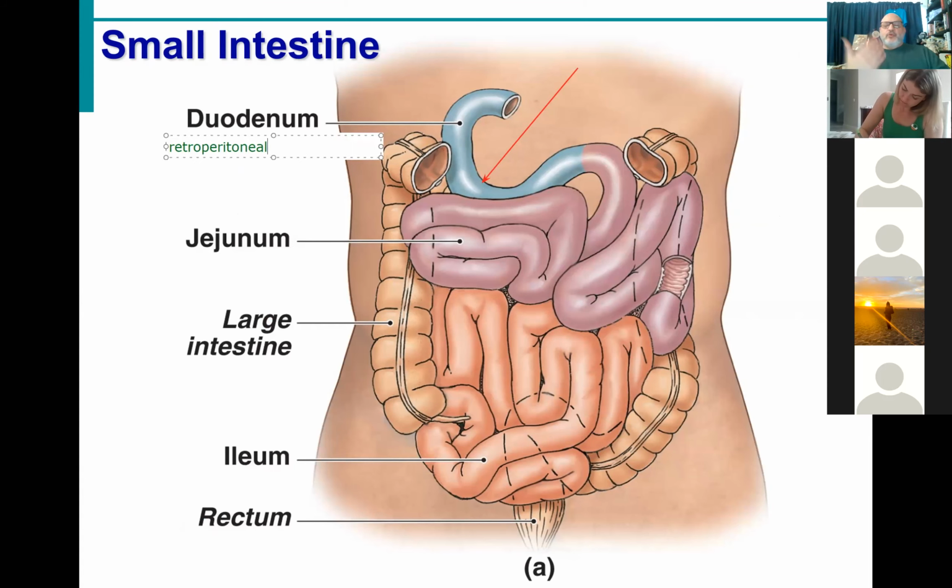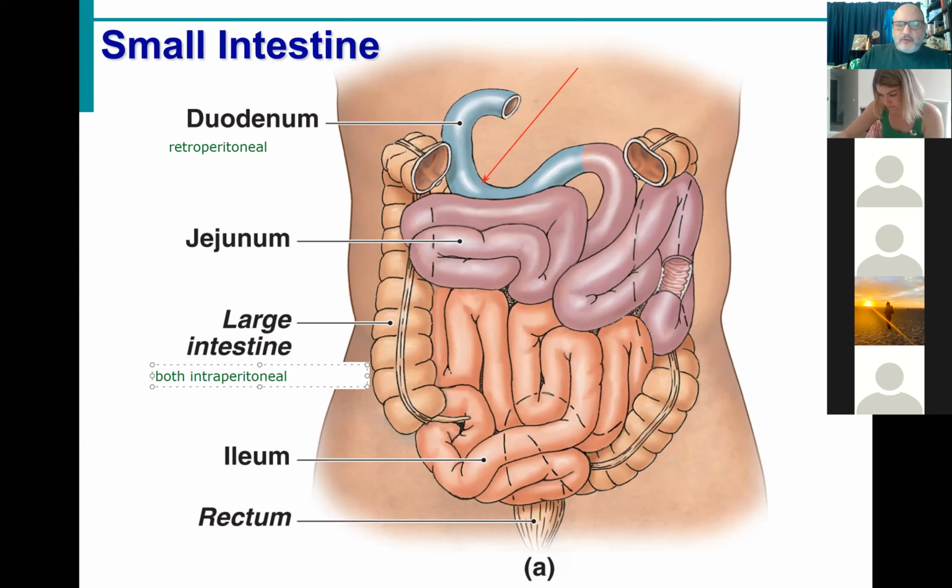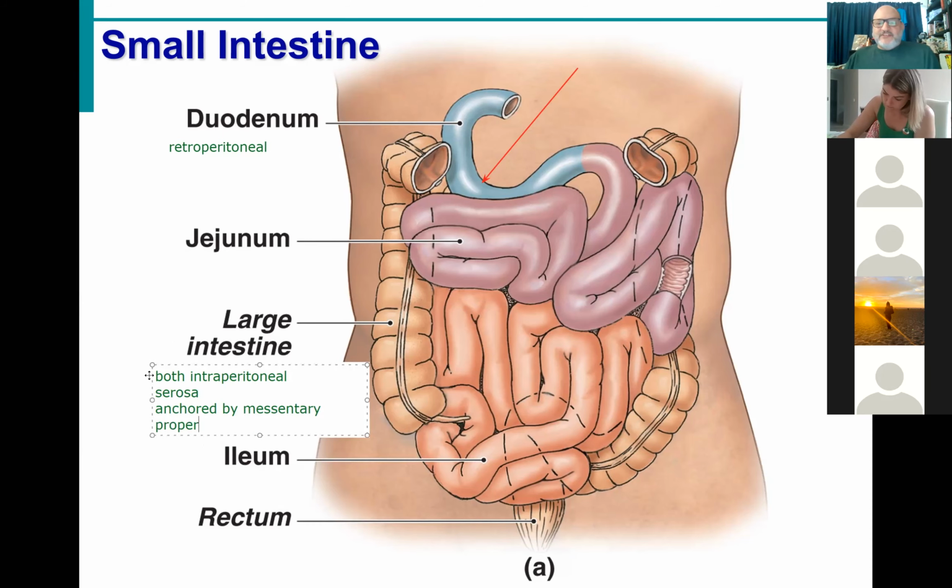So it is covered with an adventitia and is located behind the parietal peritoneum, outside of the peritoneal cavity, whereas the jejunum and the ileum are both intraperitoneal, which means they are both surrounded by a serosa in the abdominopelvic cavity and are also anchored to the posterior wall by, remember, what we call the mesentery proper, which is the specific name of the mesentery associated with the small intestine.